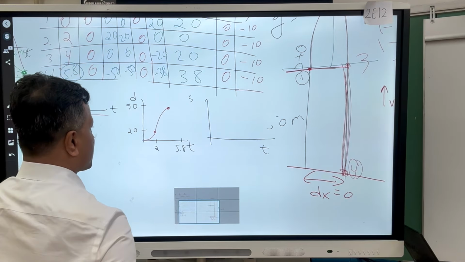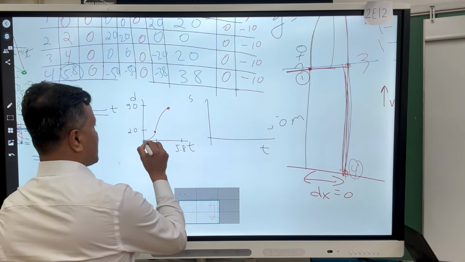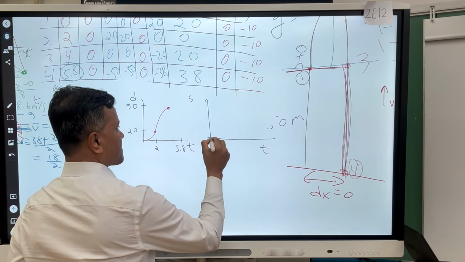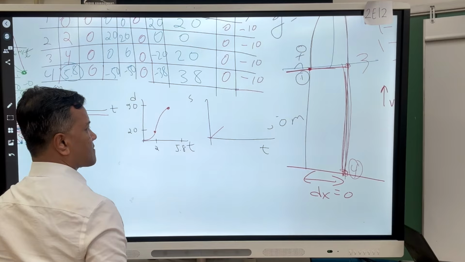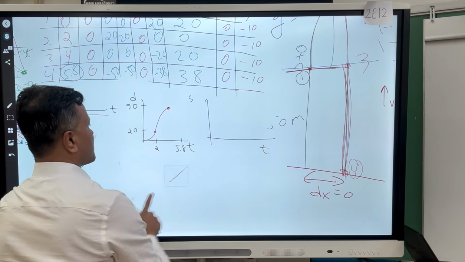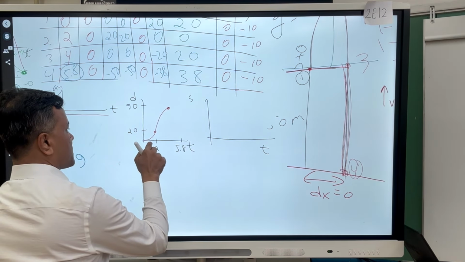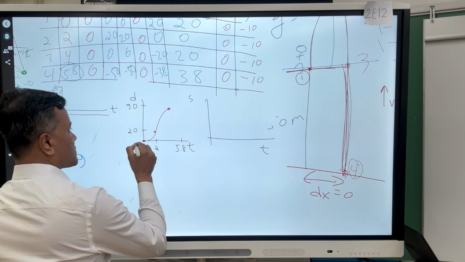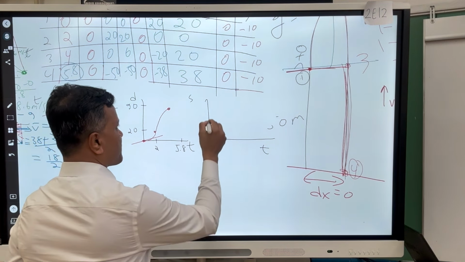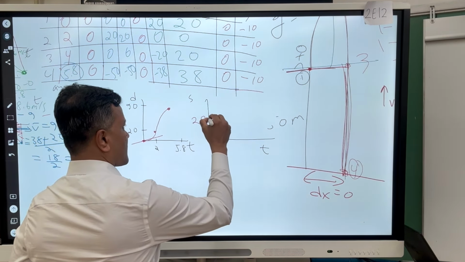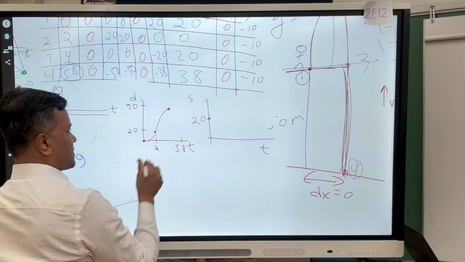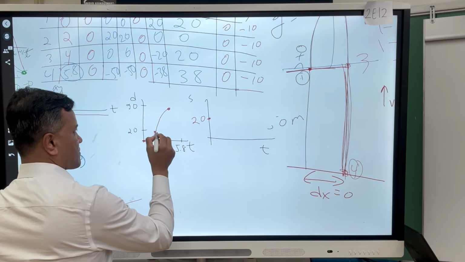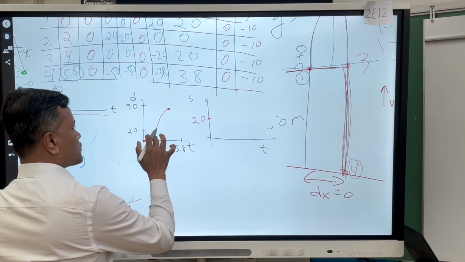Now speed versus time. Take the slope of this one. Slope of this one. So the slope of this one is 20. Take the slope of this one. Okay, I should draw it like this.